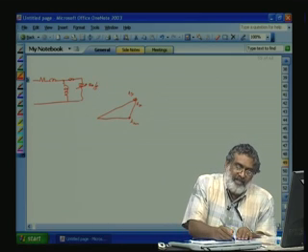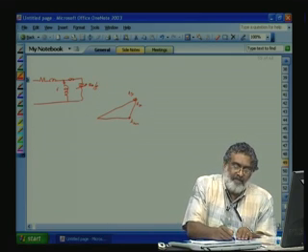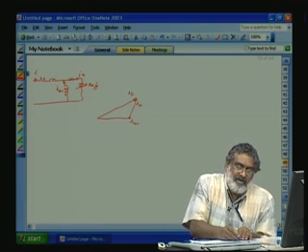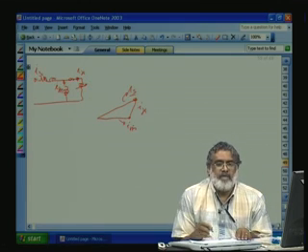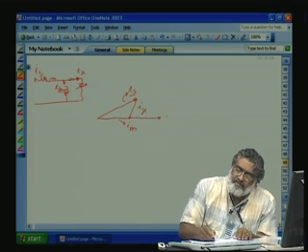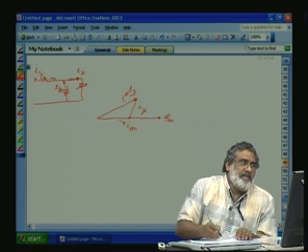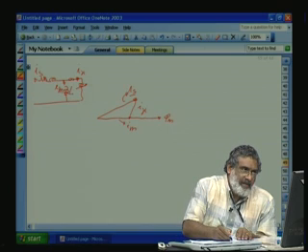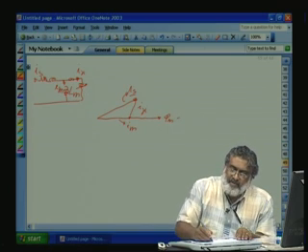Here everything is based on the air gap flux. This is IM, this is IR, this is IS. We know the air gap flux is proportional to IM, so phi m is equal to LM into IM.